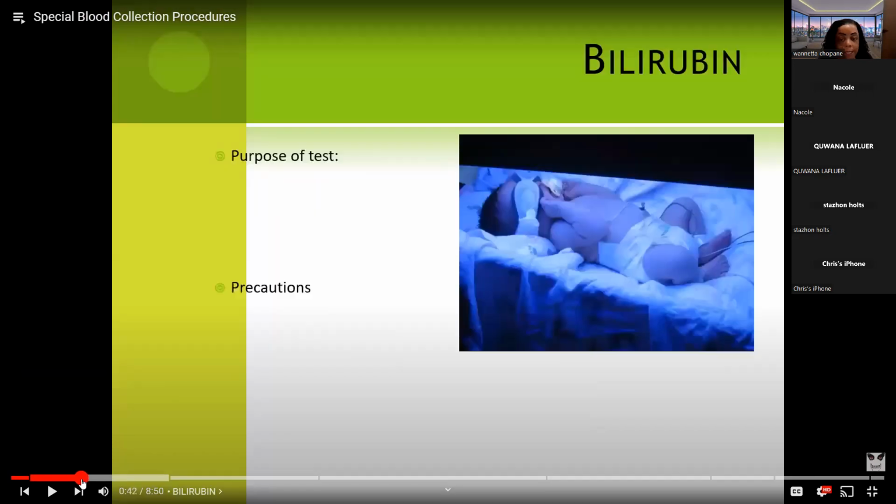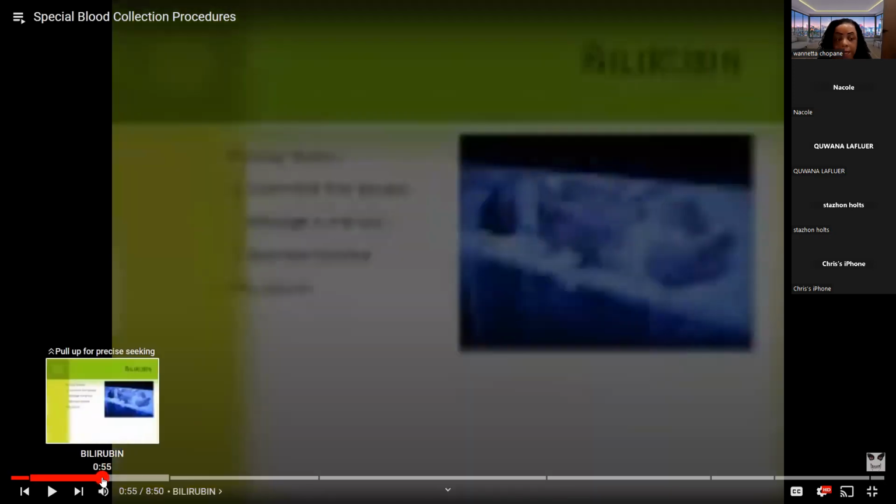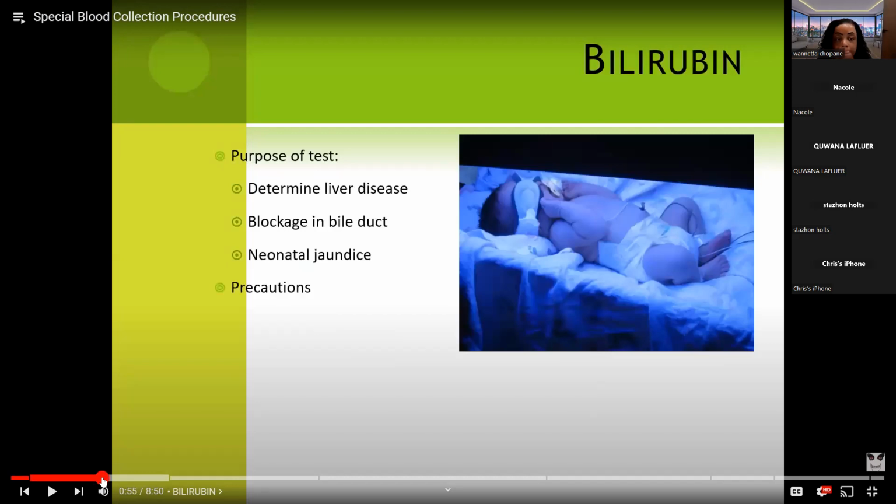Some of us who've had children or been through anything with a baby having jaundice know their bilirubin levels were off as a baby, and it does have to do with the liver. As a baby, they're put under a special light to correct the jaundice, to correct the bilirubin.